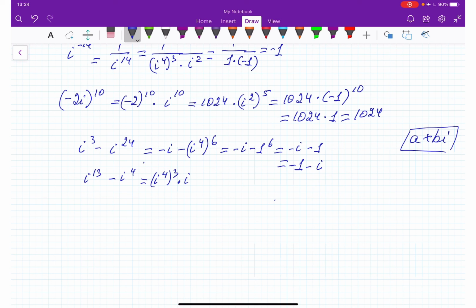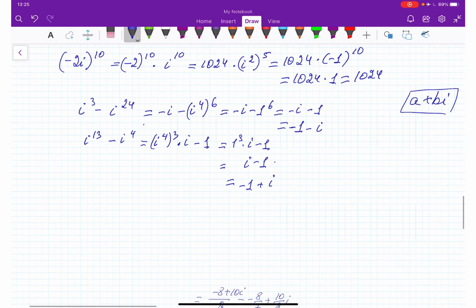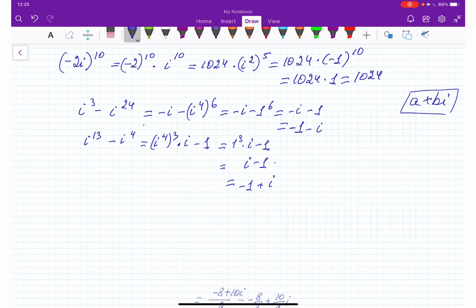And minus 1, because i to the power 4 is 1. So the result is going to be 1 to the power 3 times i minus 1. So we get i minus 1. Or if we want to write it in the form of a complex number, it's going to be negative 1 plus i.